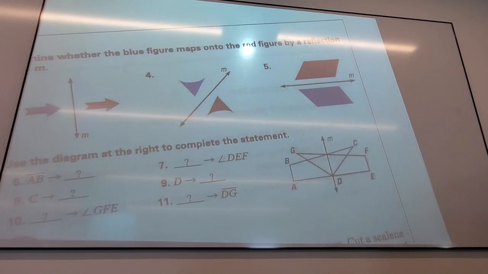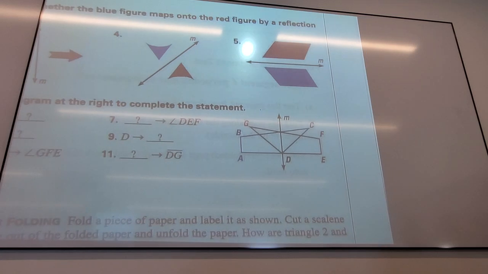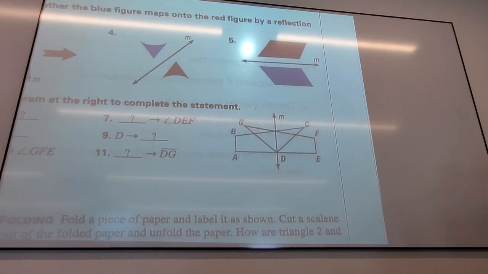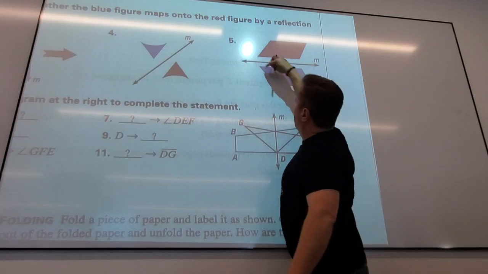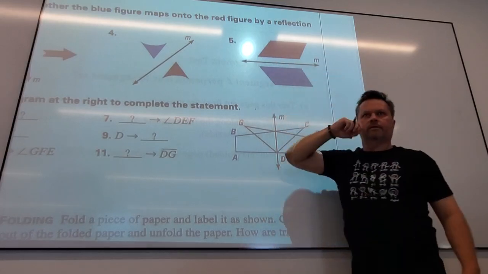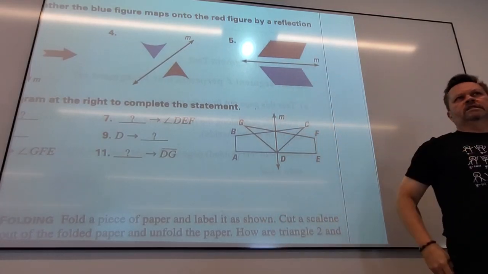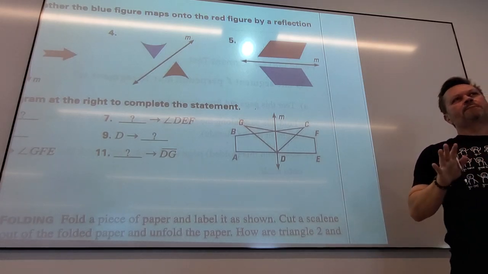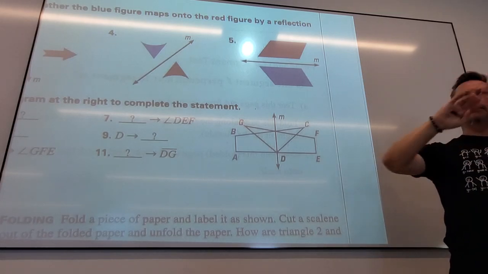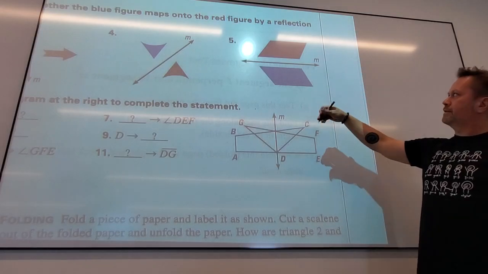Okay, maybe. What about number 5? Yes. Yeah, that one's good. So you can see a straight line from there to there, there to there, there to there, there to there. Yes? Okay, I like it. And of course, I don't want to get into that, but it's not necessarily perfect.